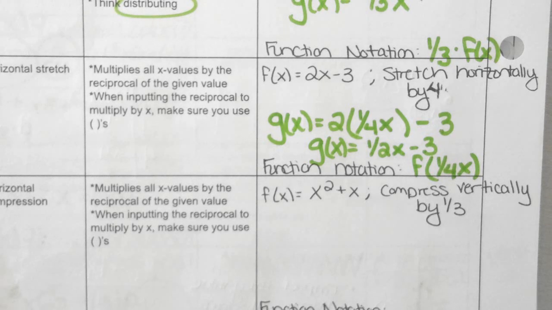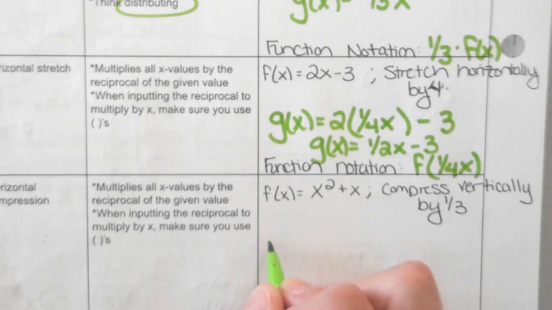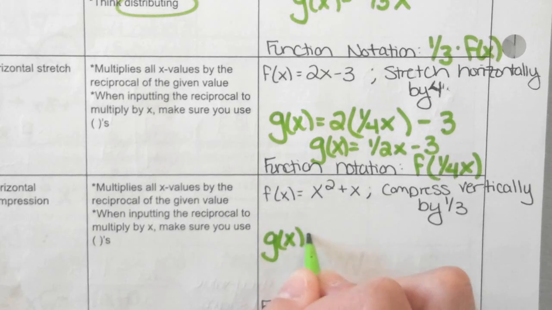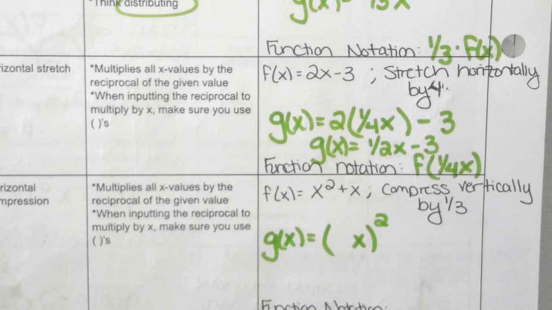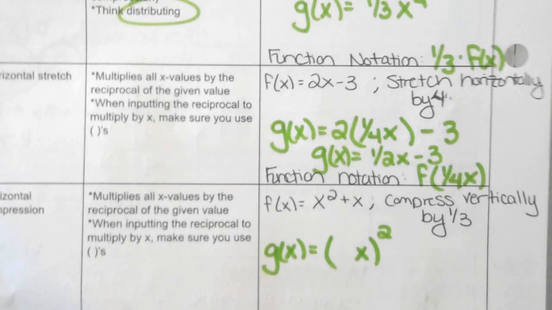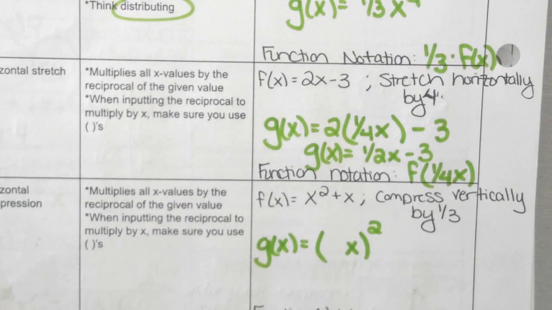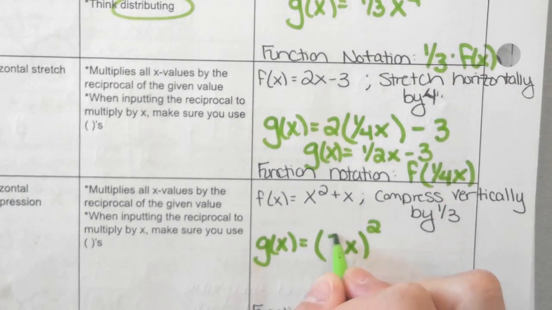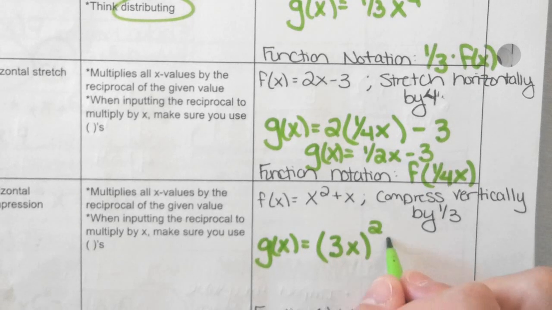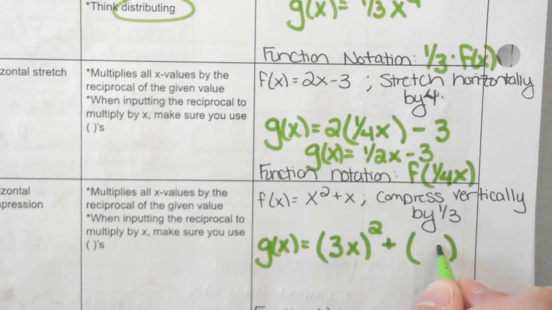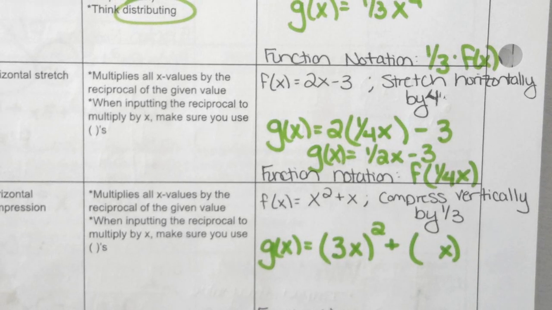Next one, we want to compress horizontally by 1/3. So what am I actually going to multiply by? 3. Okay. So again, we're going to have our x squared still exist, but we're going to isolate off the x. And so this is going to go in before we even square it. Plus, and this one doesn't really need the isolation, but I'll do it just to really drive the point home.